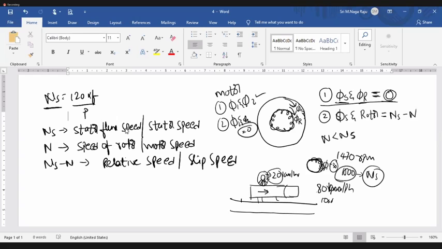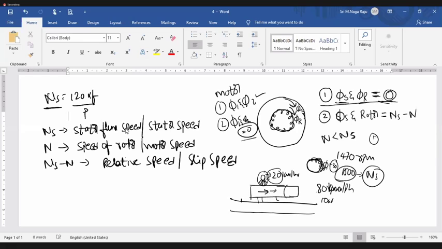In the induction motor, the rotor is moving, and from the rotor winding we again get a rotating magnetic field. Those two speeds aid each other, and the resultant is synchronous speed.